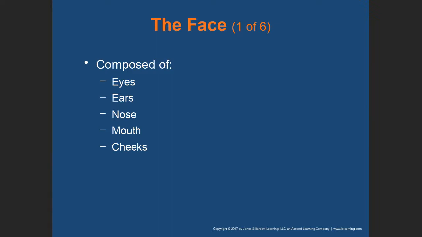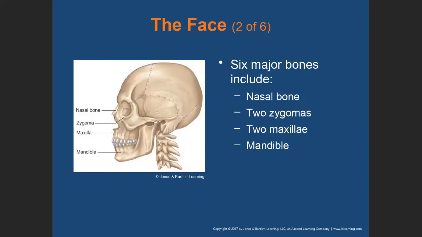The face is composed of the eyes, ears, nose, mouth, and cheeks. Six major bones include the nasal bone, 2 zygomas, 2 maxillae, and the mandible.